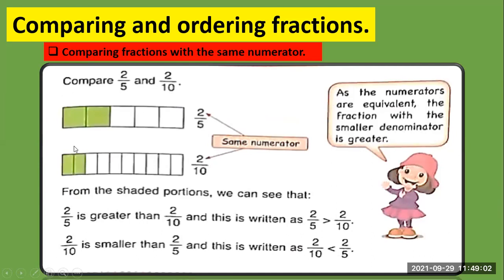Okay, so as you can see here in the diagram, 2/5 is greater, right, up to here, but 2/10 is up to here only, so very small parts are shaded. So we can say that 2 over 5 is greater than 2 over 10. Or 2 over 10 is smaller than 2 over 5. So we use this symbol and write this way.